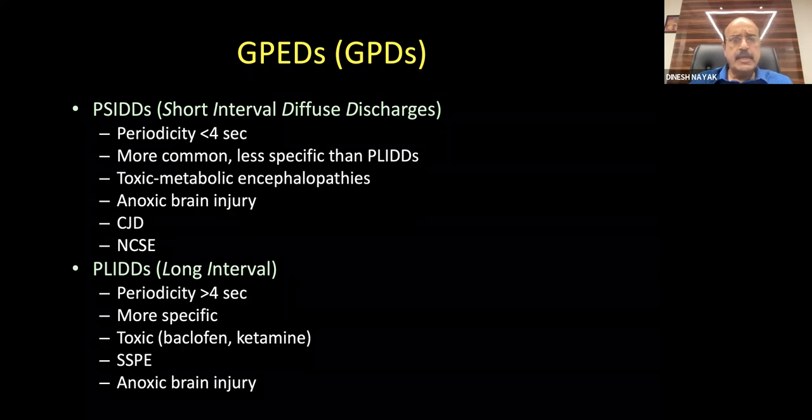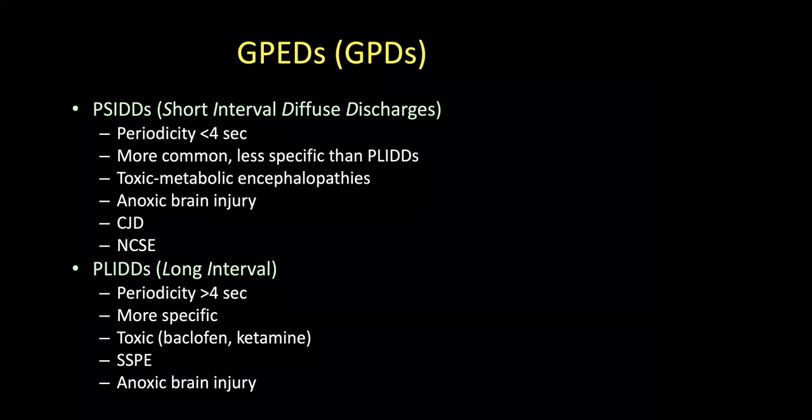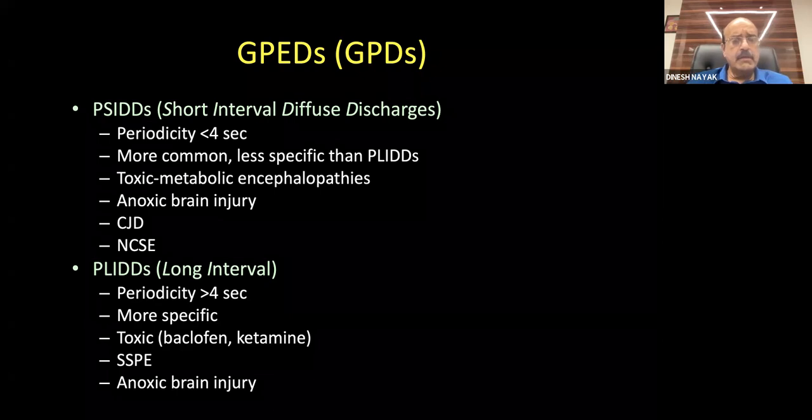They're seen usually in anoxic brain injury, toxic metabolic encephalopathies, CJD, non-convulsive status epilepticus. All these conditions have periodic short interval diffuse discharges. If the interval is longer than 4 seconds, then you call it periodic long interval diffuse discharges. They are more specific.